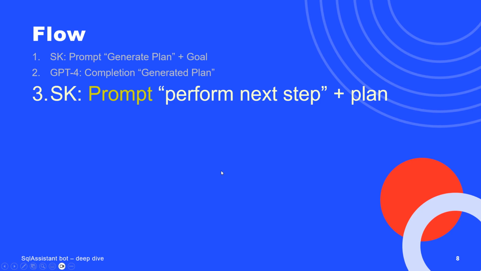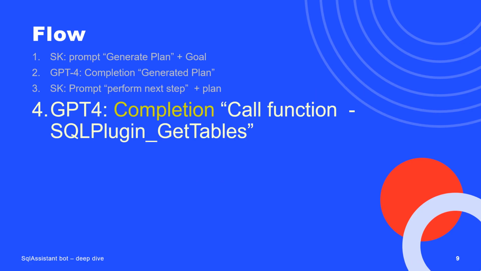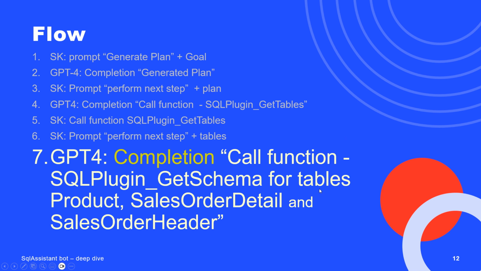Upon receiving the plan, SK sends another prompt to perform the next step in the plan. The model responds with the completion text that has the next function to be called in the plan with the arguments. It continues back and forth till all the functions in the plan are executed. So it needs the get tables and get schema functions to be called so that the tables and schema details are pulled and sent to the model.